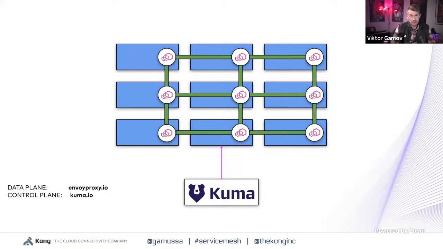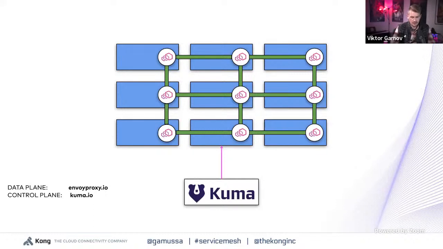Before Istio joined CNCF, Kuma was the only project that used Envoy as a sidecar. Envoy is a proxy server developed at Lyft, super performant, super fast, and small enough to serve the sidecar responsibilities.